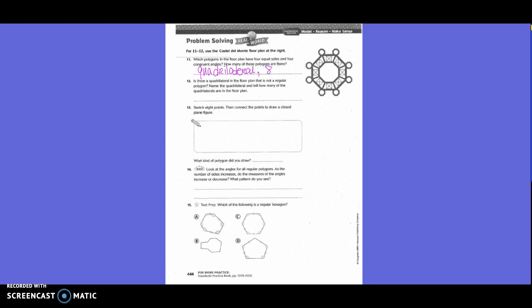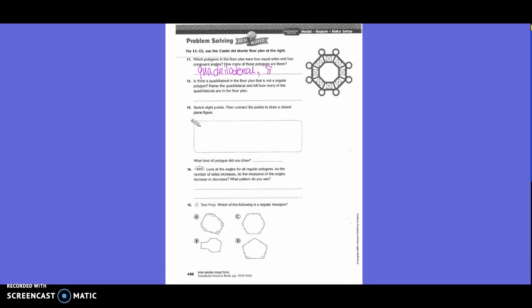Number 12. Is there a quadrilateral in the floor plan that is not a regular polygon? Name the quadrilateral and tell how many of the quadrilaterals are in the floor plan. So it has to have 4 sides, right guys, for it to be a quadrilateral. And then not regular means that it has not equal sides or angles. So is there a quadrilateral in there that's like that? Yes. What's it called?